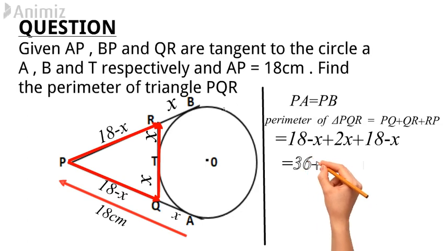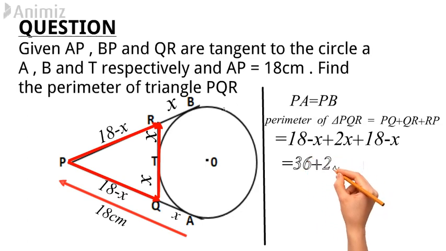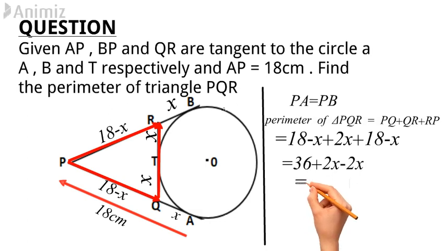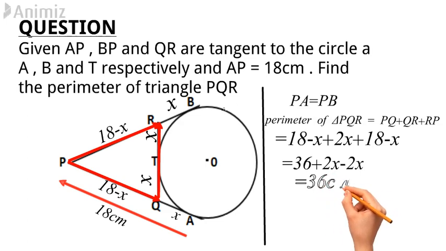And minus x is minus x, so plus 2x minus 2x. 2x minus 2x will be equal to 0. So finally we are getting 36 centimeters to be the perimeter of this figure.